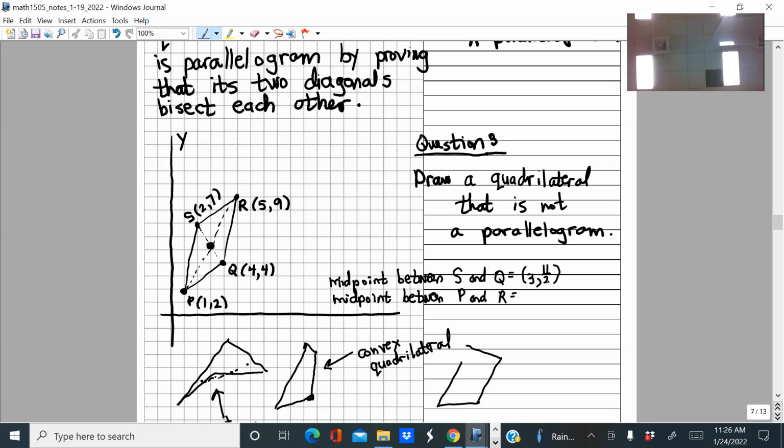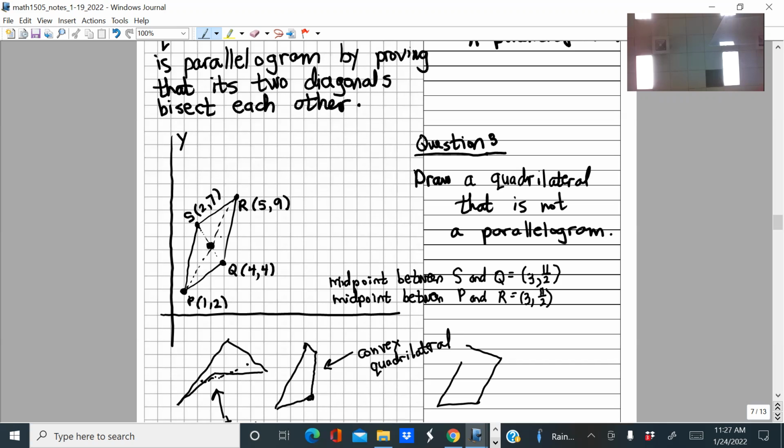What about for P and R, when we calculate the midpoint of that diagonal? We have 1 plus 5, divided by 2. Well, that's 3 again. And then 9 plus 2, divided by 2 is 11 halves. So pretty clearly, this point right here in the middle is 3 and 11 halves, and so these diagonals do bisect each other.